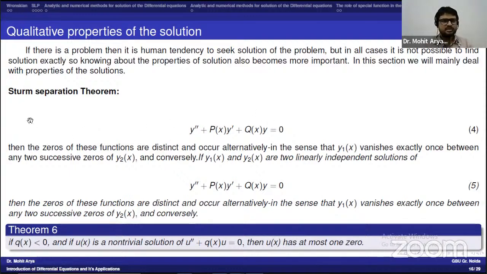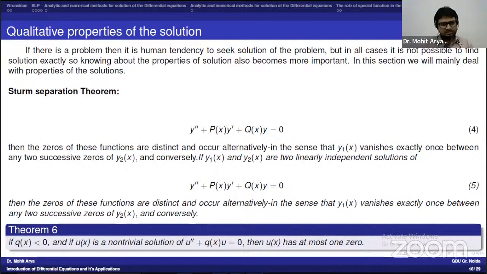If y1(x) and y2(x) are two linearly independent solutions of the homogeneous differential equation, then the zeros of these functions are distinct and occur alternately, in the sense that y1(x) vanishes exactly once between any two successive zeros of y2(x), and conversely.